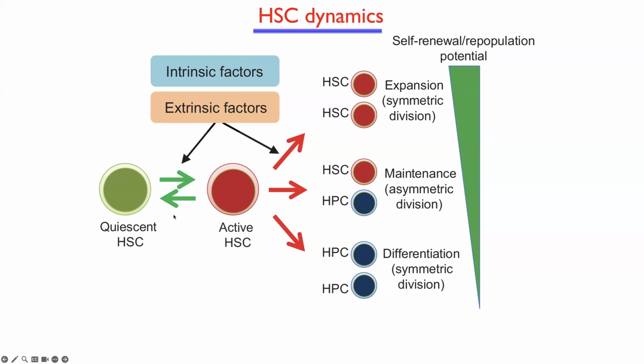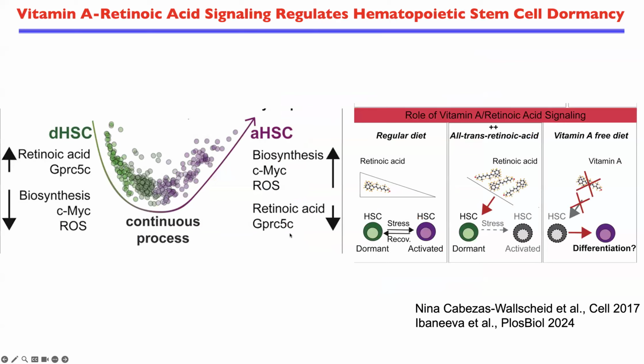So the first question is, what controls the transition from a dormant HSC to active HSCs? Andreas Trumpp's group in Heidelberg have looked into this. They sorted for dormant HSCs by a marker called GPRC5C and performed single cell RNA sequencing.